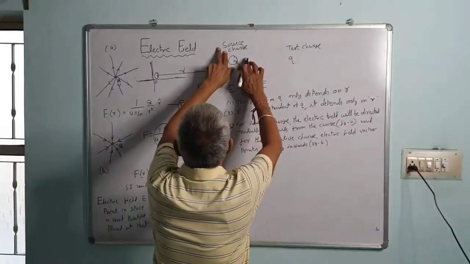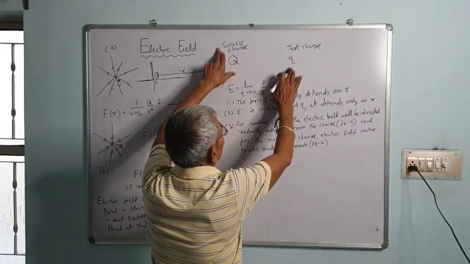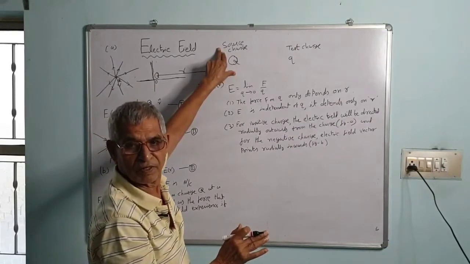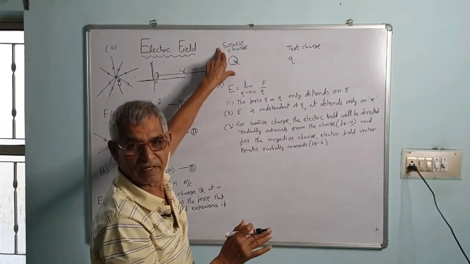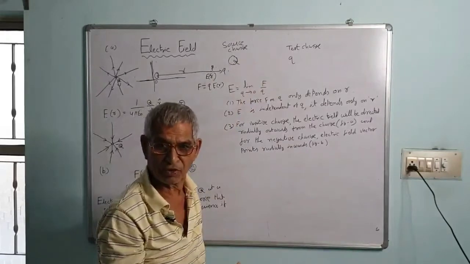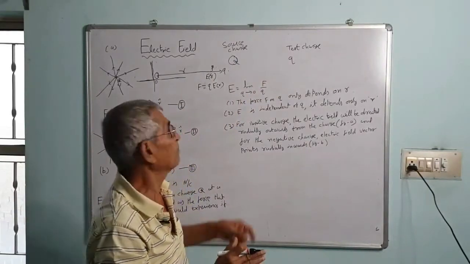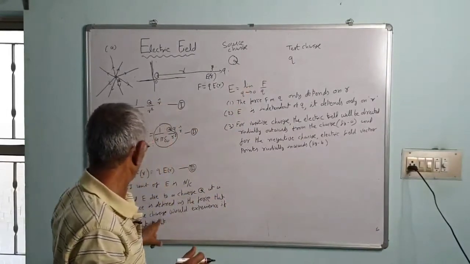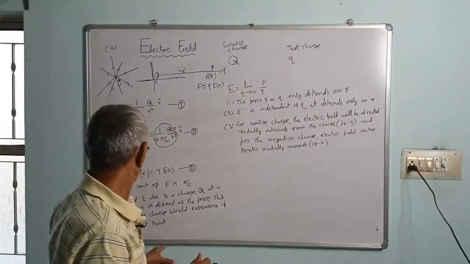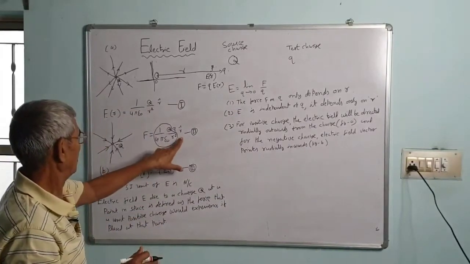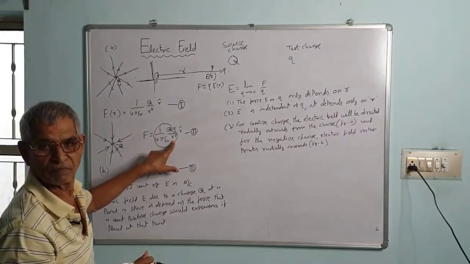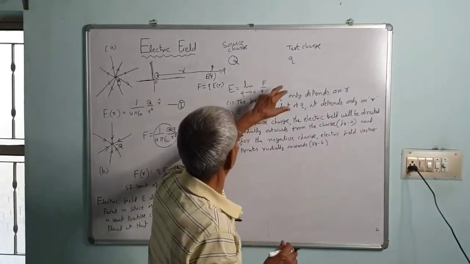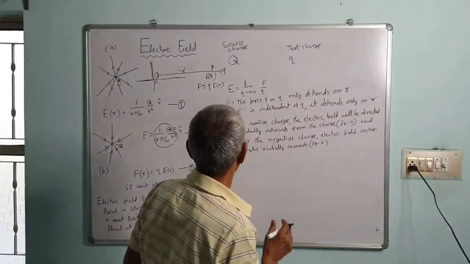There is an electric field due to this charge. We can't see it, but we can see its influence, its effect. When we place any other charge, it experiences a force. It shows that there is an electric field surrounding Q. Now, the electric field depends upon r, just as force depends upon r as per Coulomb's law; it does not depend upon any other factor.